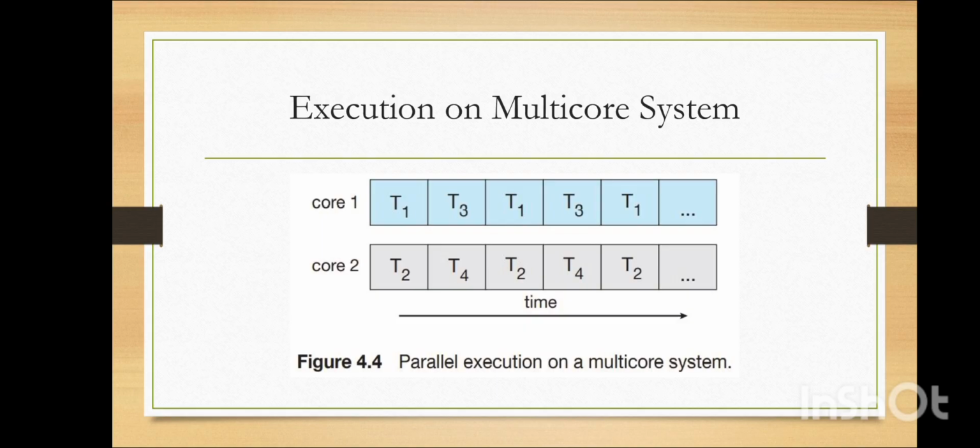The diagram shows four distinct threads T1, T2, T3 and T4 being executed. At this moment, two threads are running in parallel, T1 and T2, then T3 and T4, etc.